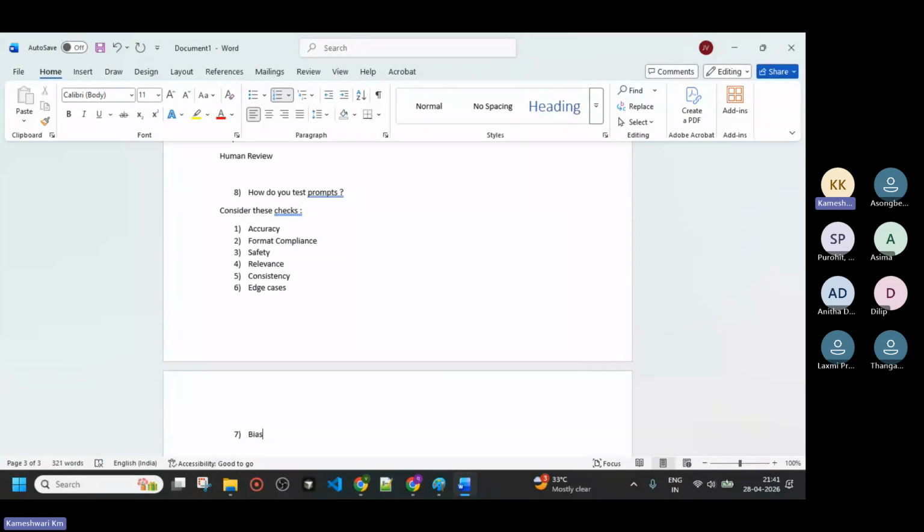And bias, like gender bias, should not be present. These are the ways of testing prompts.